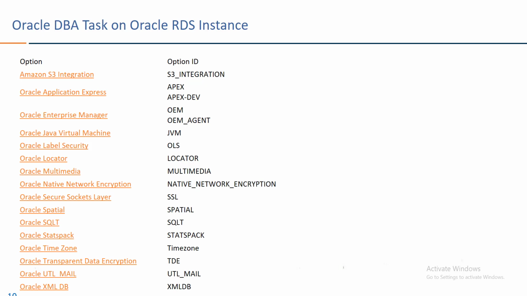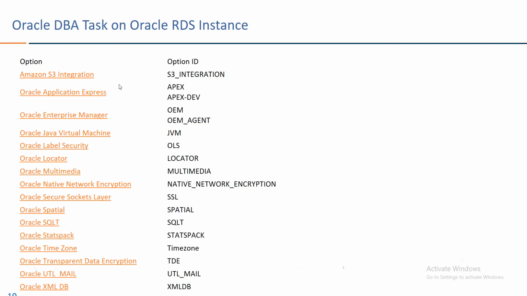Can I change it? Yes, the option group you can change, but you can't change the parameters in the default option group. What you can do is create your own option group from any default option group, and in the group that you have created, you can add all these parameters.